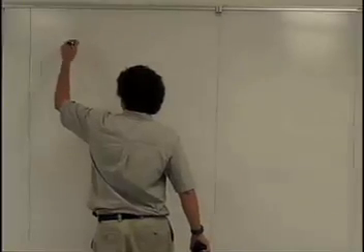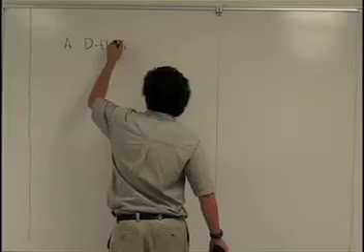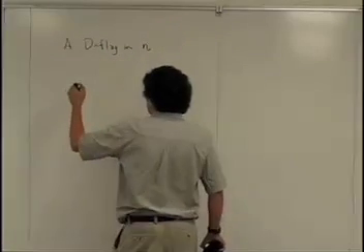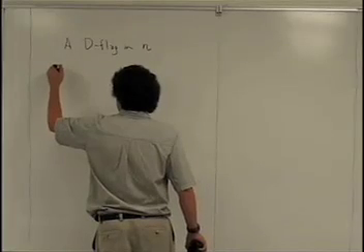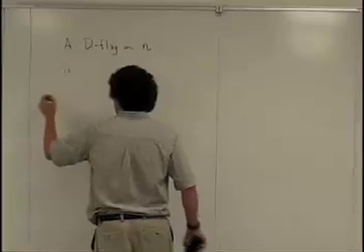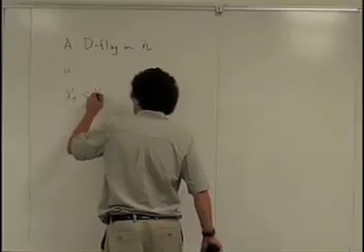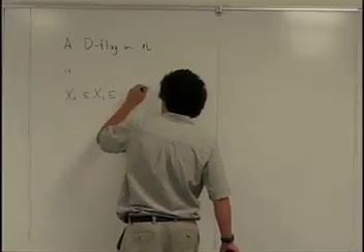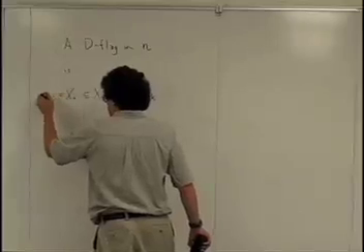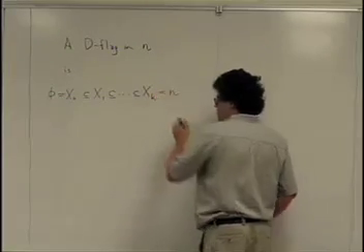More precisely, a D flag in n, the n-element set, is something like this. It's a bunch of nested subsets, let's say k of them, where the smallest one is just the empty set, and the biggest one is your whole n-element set.